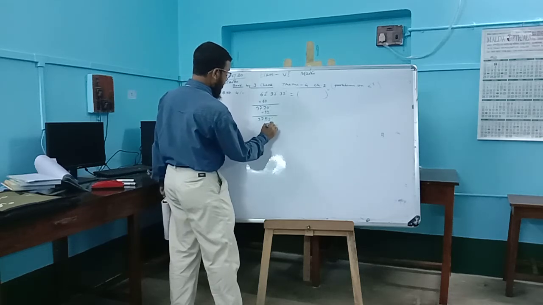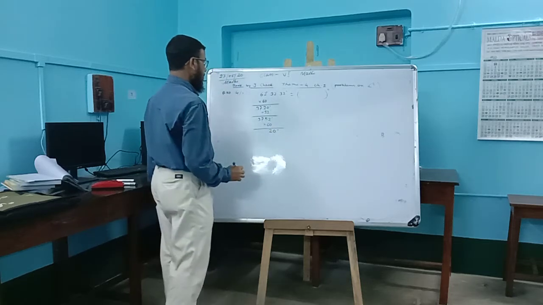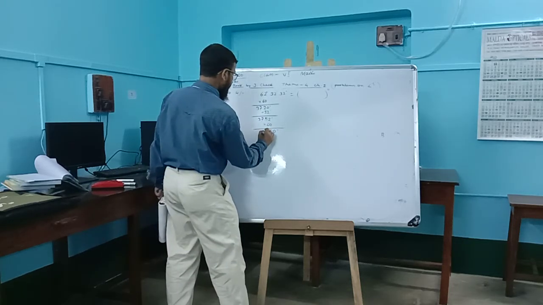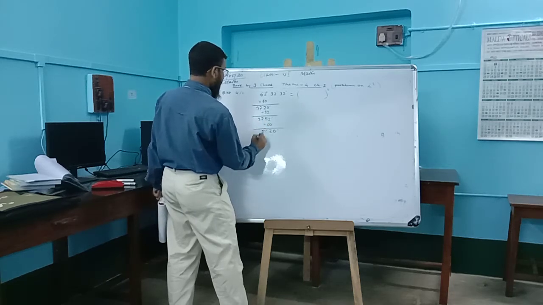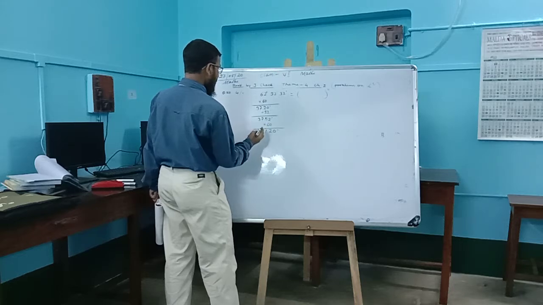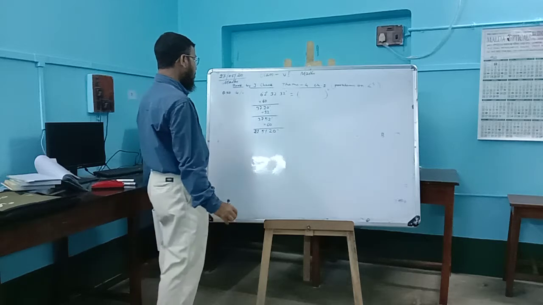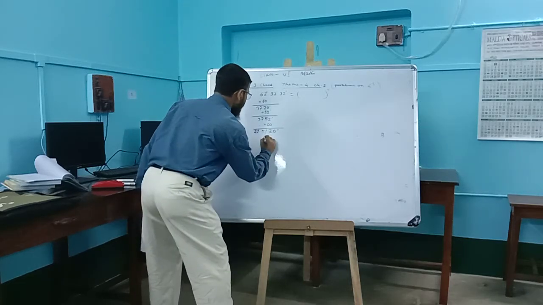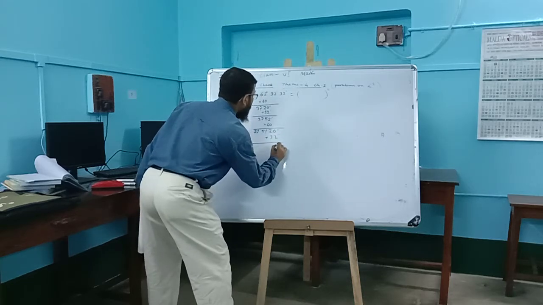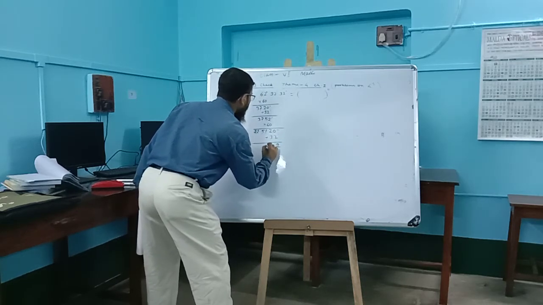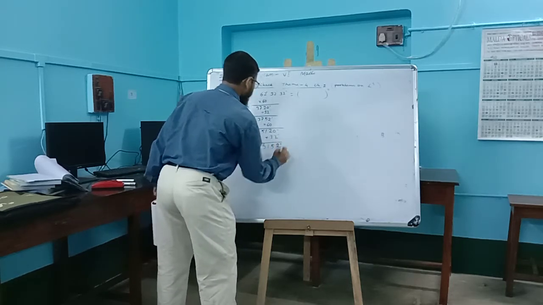Again multiply this by 60. 225120 seconds plus 32 seconds, that's equal to 225152 seconds.